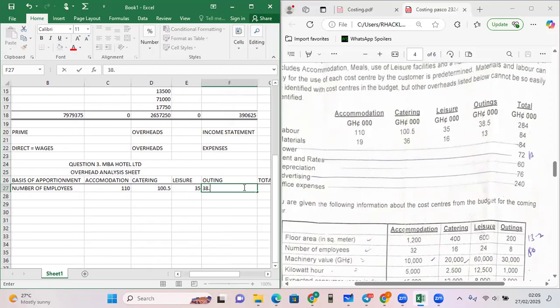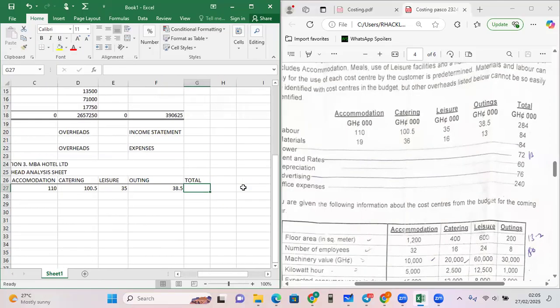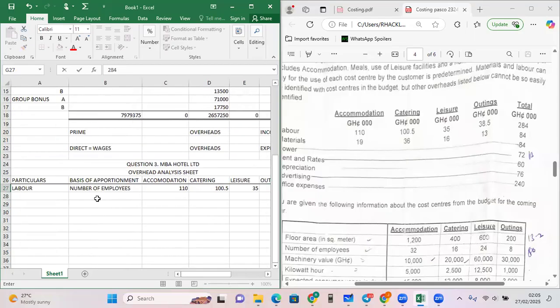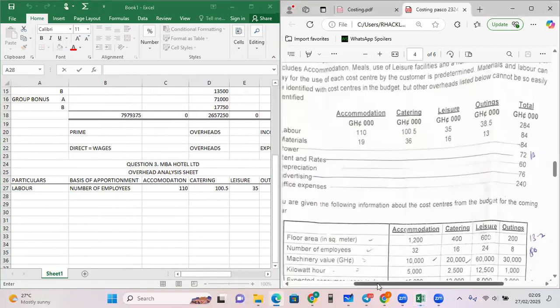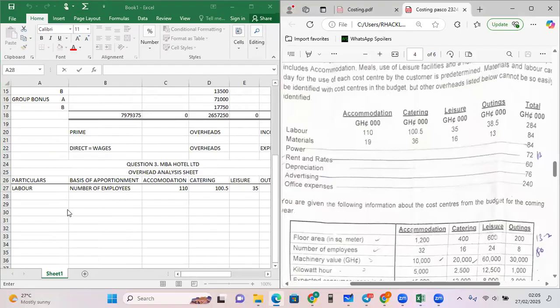This is 38.5. The next one is materials.